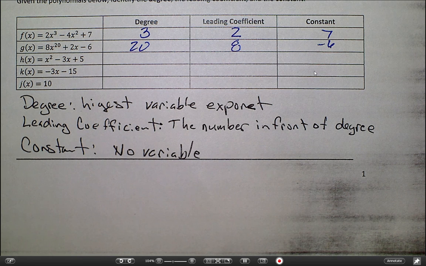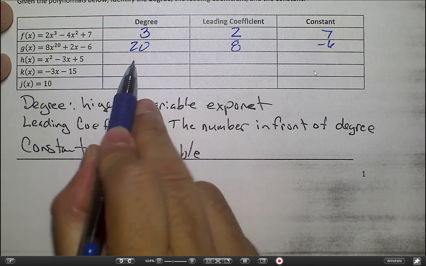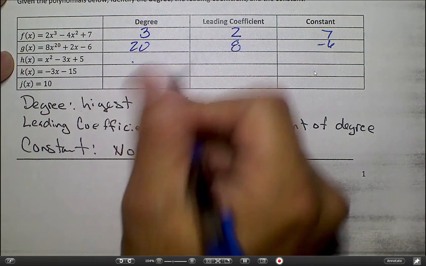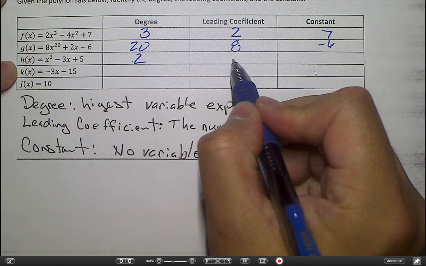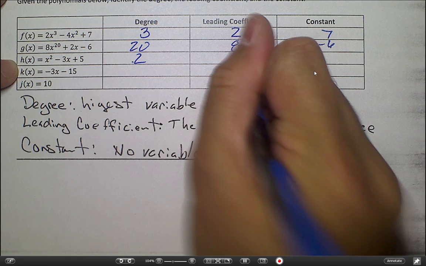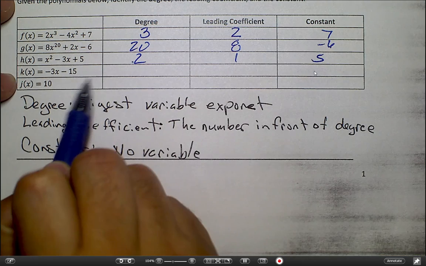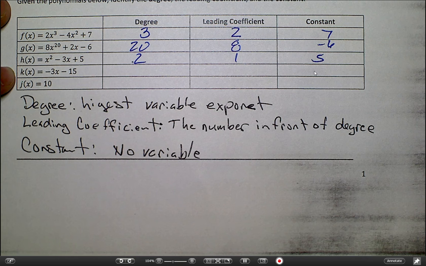All right. So let's see. Right here, what's the degree of this one for h of x? 2. What's the leading coefficient? 1. Very good. And constant? 5. Very good. What is my degree here? 1. It's implied.